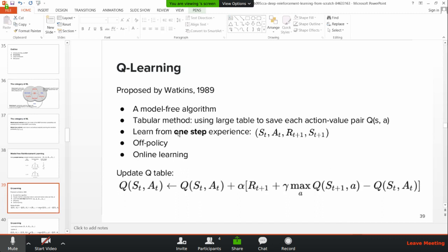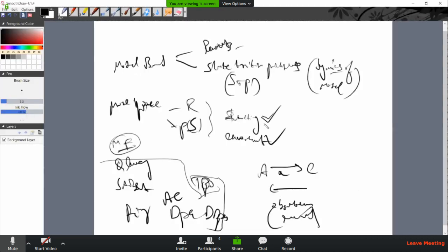And then this is off policy. In model free you have something called on policy and off policy algorithms. On policy is nothing but it will learn with only the current policy. It will only do the learning from the current policy.